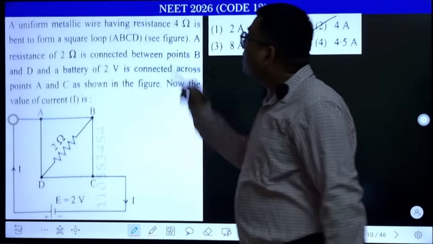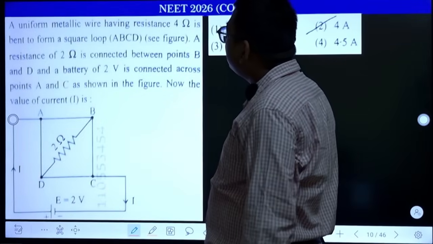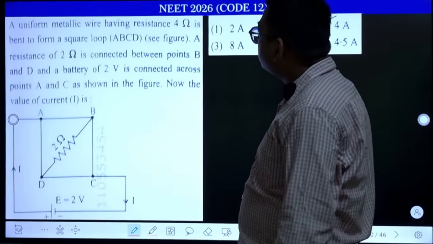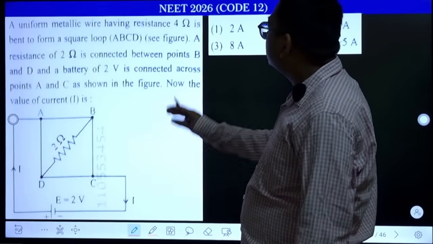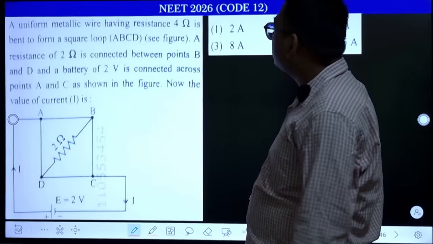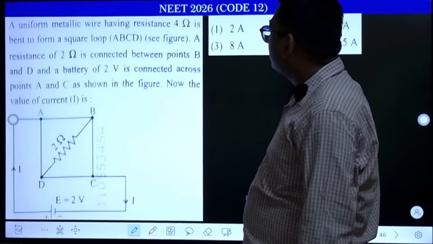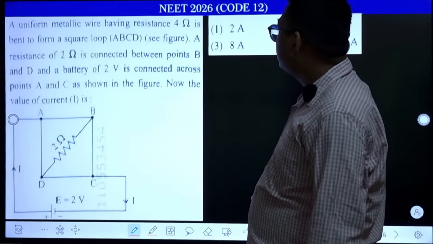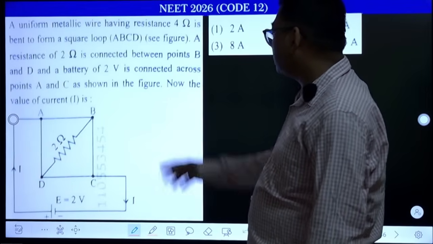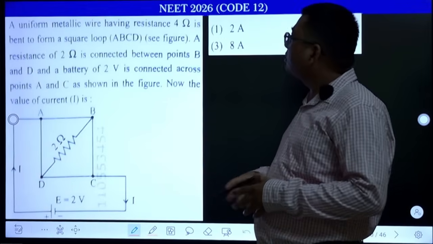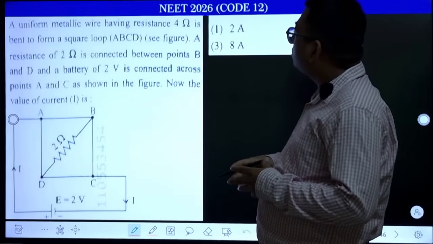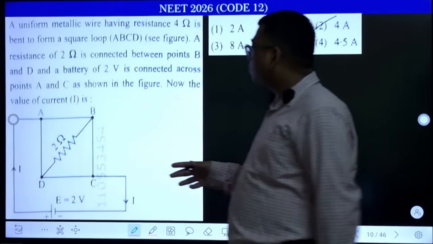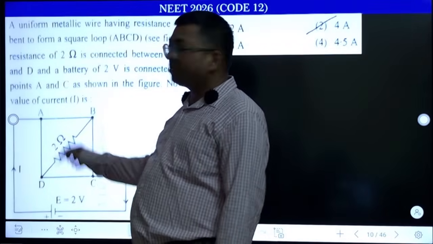A uniform metallic wire having resistance 4 ohm is bent in the form of a square loop. A resistance of 2 ohm is connected in between B and D. A battery is connected across points A and C. They are asking for the value of the current I. So total 4 ohm resistance is there in the wire which is bent, so each side must have 1 ohm.